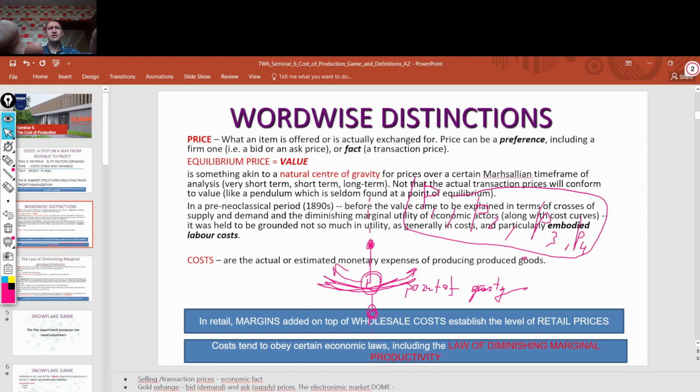Instead of using that collocation value in use, I think I discussed that matter under the rubric of utility. Diminishing marginal utility refers to utility, that sometimes can be measured as value in use. So in that sense, value means value in use: how much the good is worth to you personally.